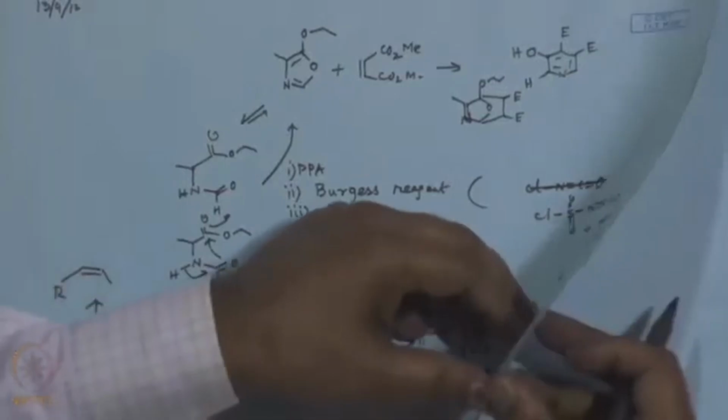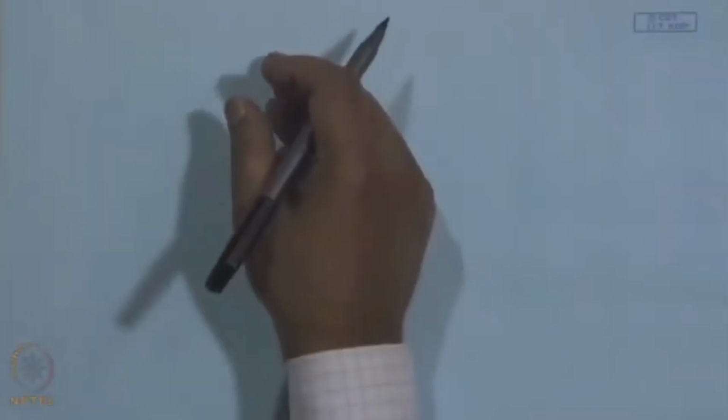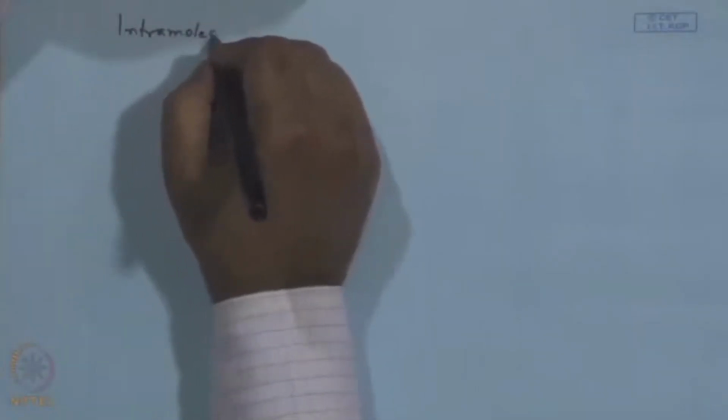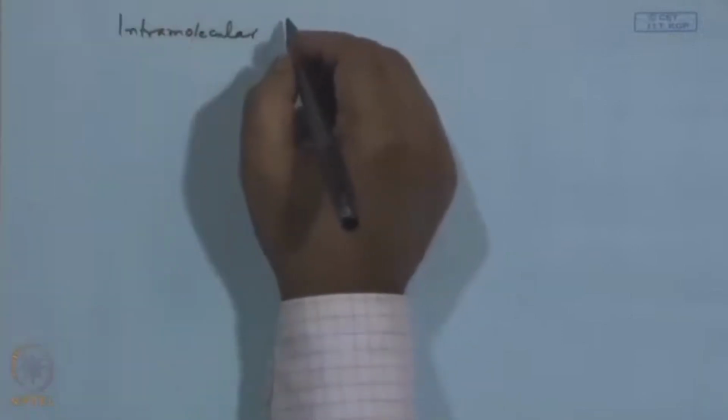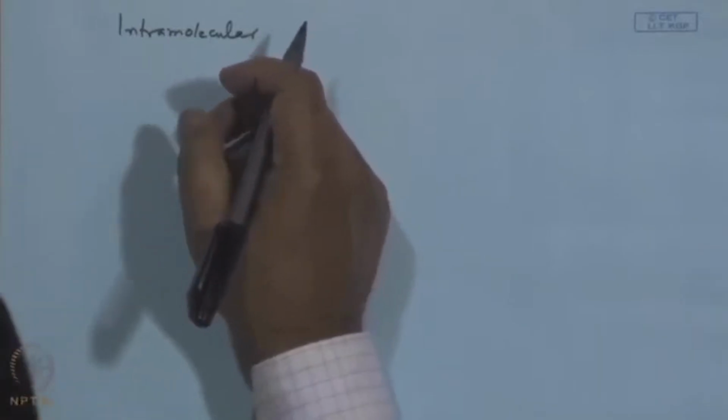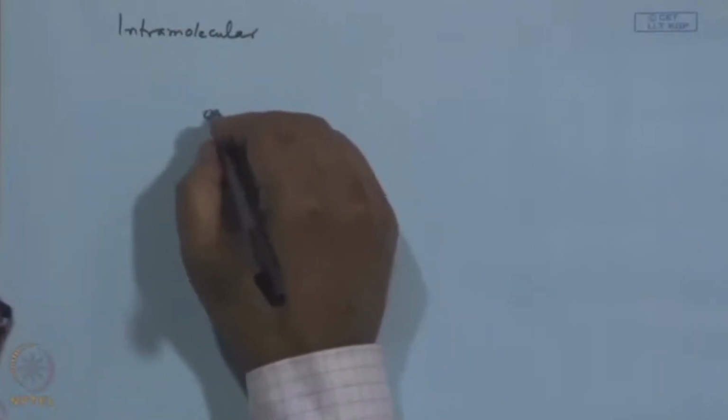Then this is in very similar fashion. If you have an oxazole, but they just change the reacting partner, for example, to maleic anhydride, the reaction proceeds very smoothly. And then take an example of the intramolecular version, again oxazole.